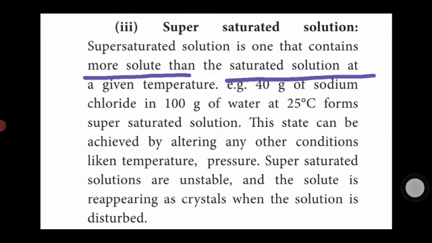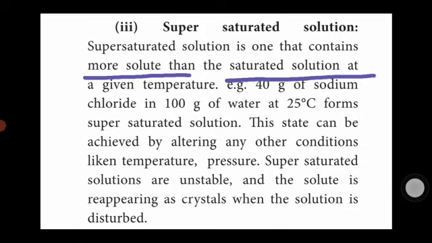Compared to saturated, which means 36 grams of sodium chloride dissolved in 100 grams of water, what is supersaturated? More solute, that means excess solid particles dissolved in a definite amount of solvent: 40 grams of sodium chloride in 100 grams of water.